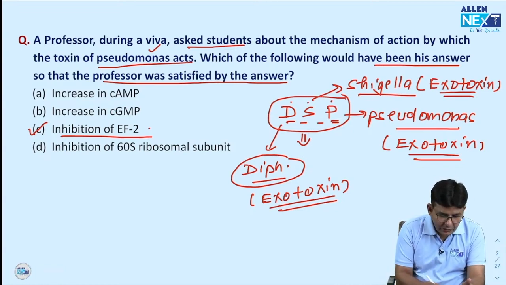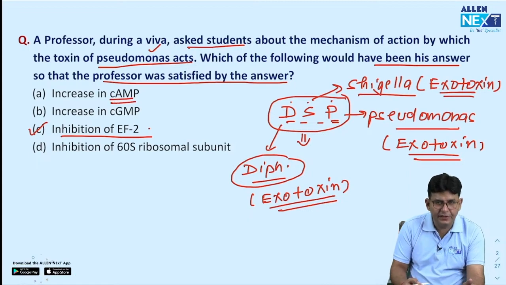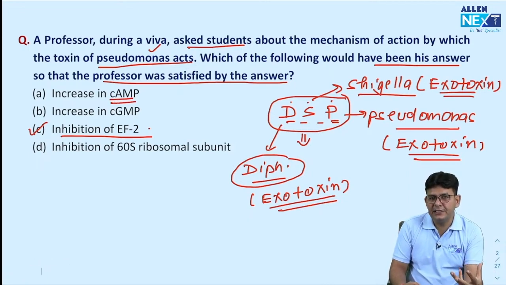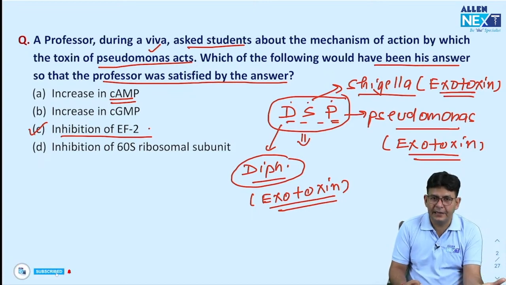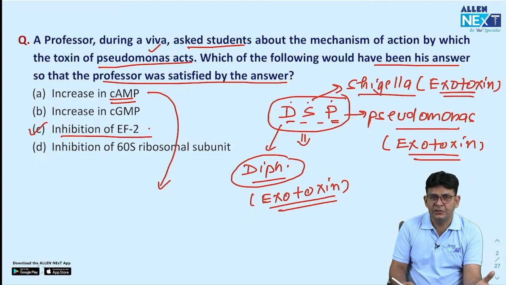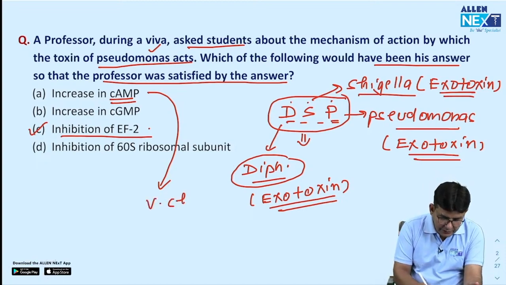Now, can you tell me where there is an increase in cyclic AMP from toxin action? Cyclic AMP comes up at various places. Even Vibrio cholerae has an increase in cyclic AMP.